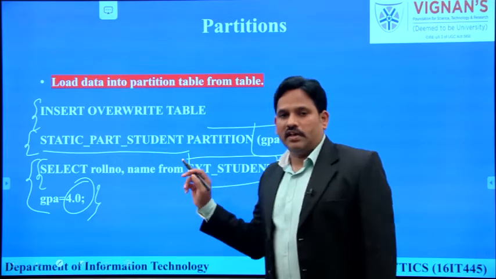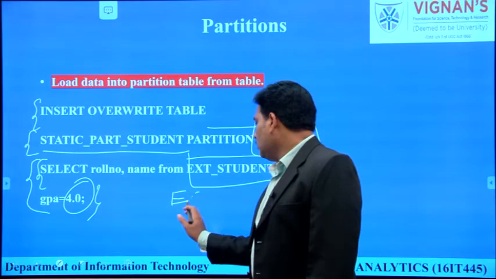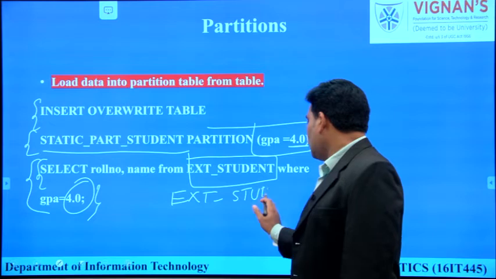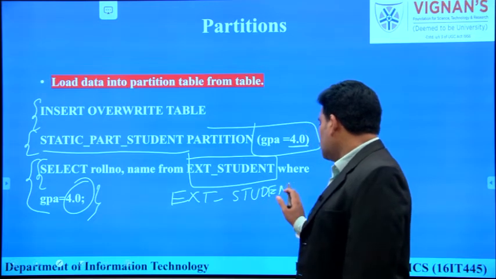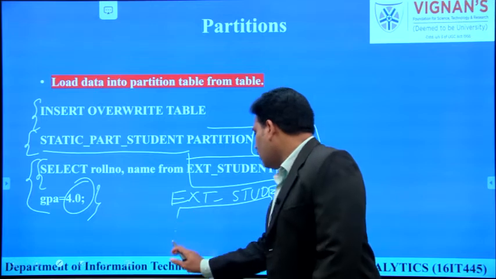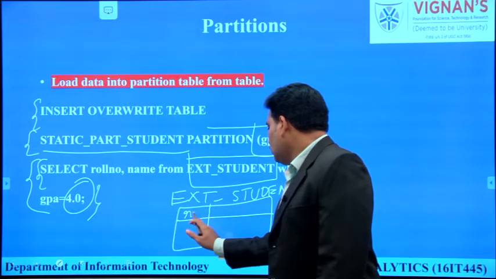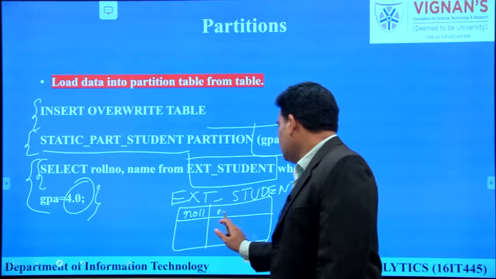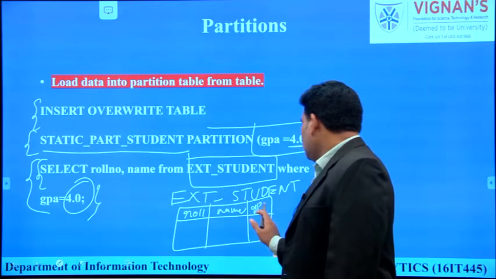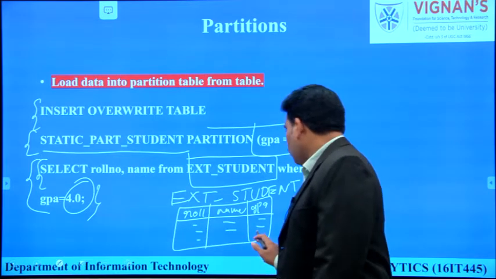Now let us see what is happening here. Initially we created a table called ext_student. Ext_student is the original table of the student database. In this database we have three columns: roll number of the student, name of the student, and GPA. Let us take that we have some values here. On this table we have written a query.